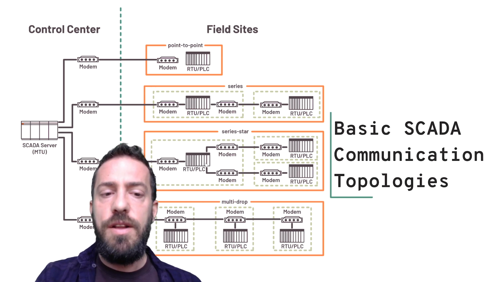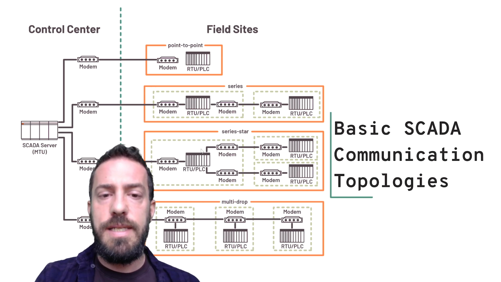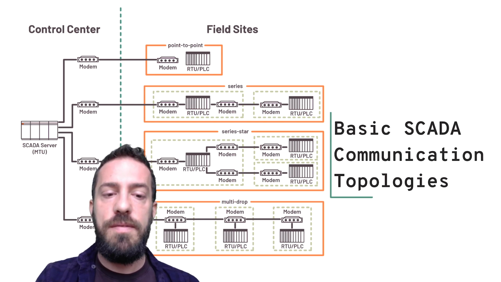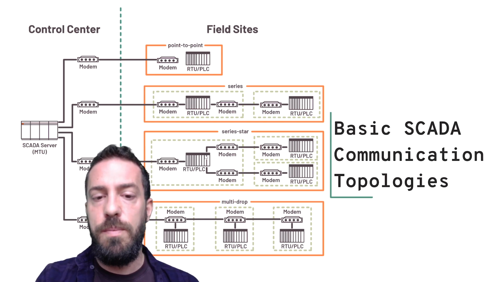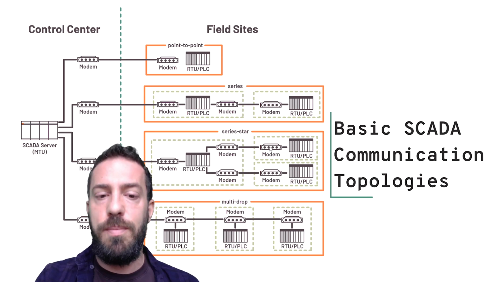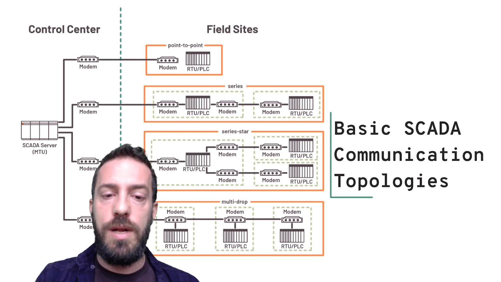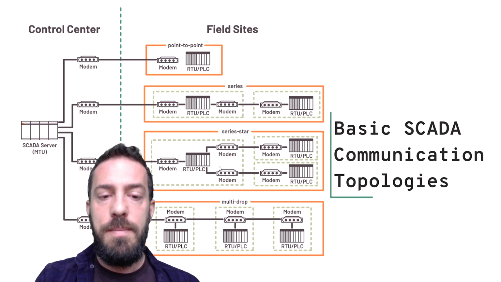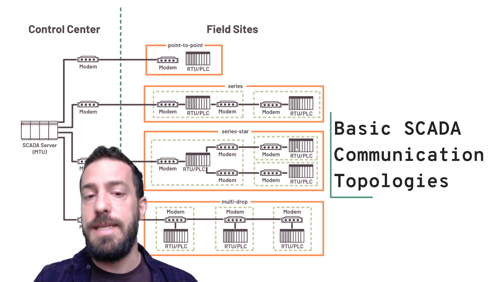A kind of a trade-off between series and point-to-point would be a series star, where you may have a series connection, you have a direct connection to a point, but then you may have more than one connection to individual points. So this could be one-to-one connection here, point-to-point, but then at this side, different modems connect to different PLCs.